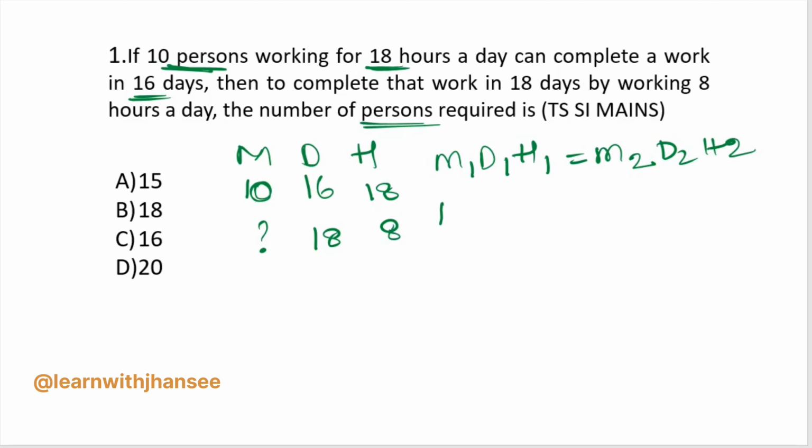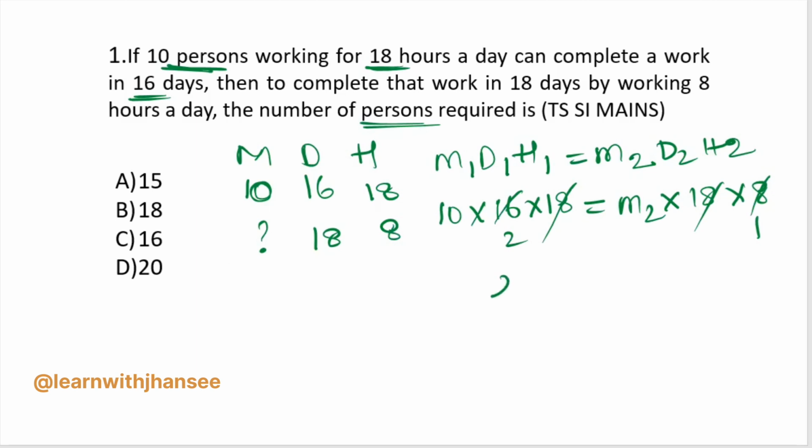So M1 is 10 into D1 16, hours 18, is equal to M2, which I don't know, D2 is 18 and hours is 8. So 18 cancels with 18, 16 to 8 gives 2. So 10 into 2 is 20. So 20 persons are required.